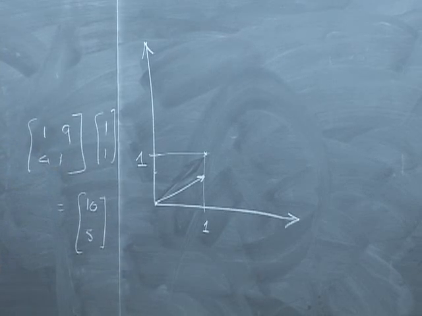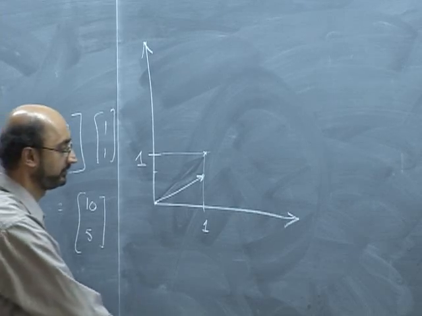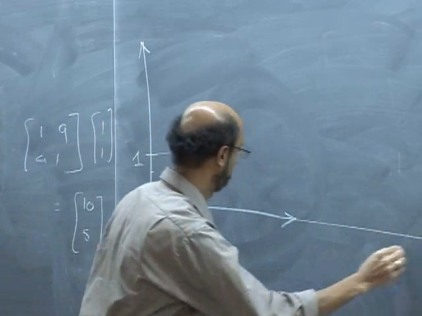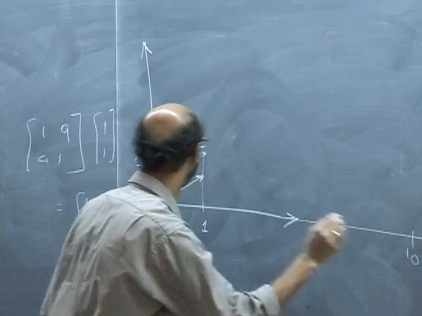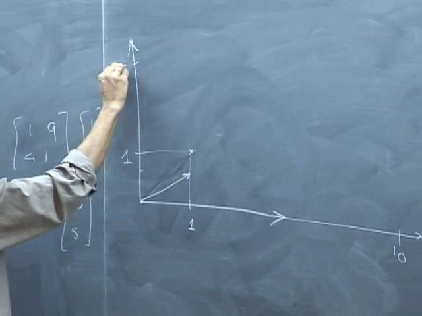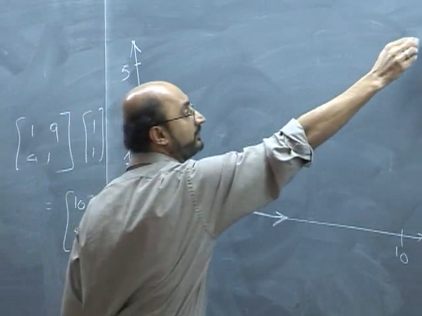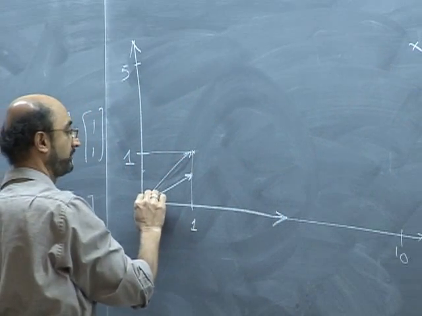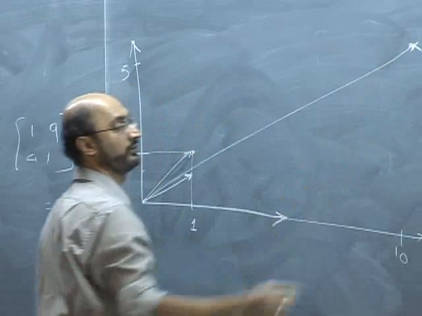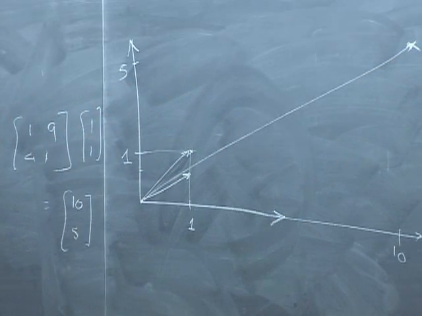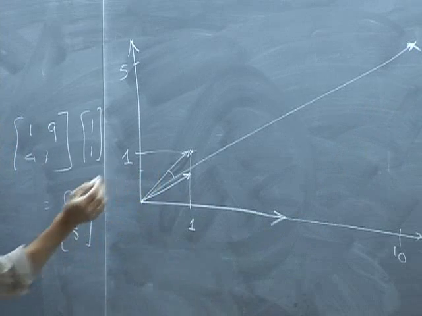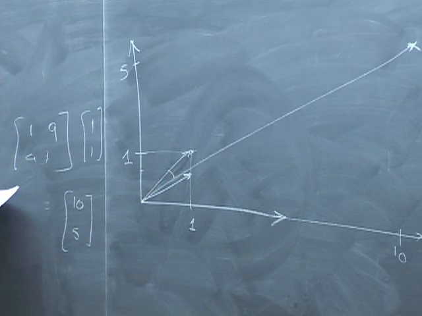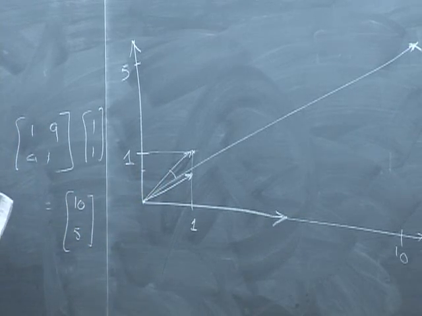So if this is 10 over here, and this is 5 over here, then (10, 5) is somewhere over there. So (1, 1) is like this, and that becomes that one over there. The important thing is that there is this kind of angle over here. This transformation is scaling up and also rotating a little bit, so you get the scale and rotate at the same time.